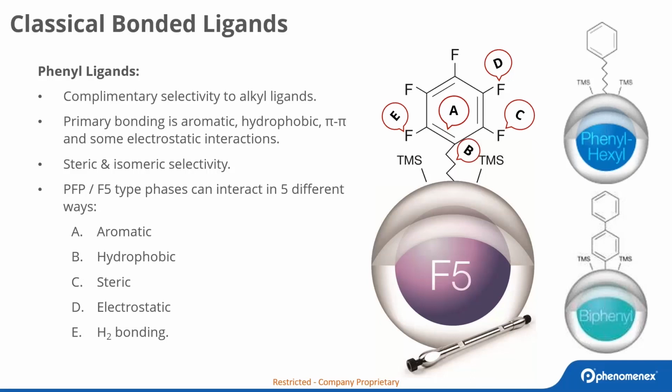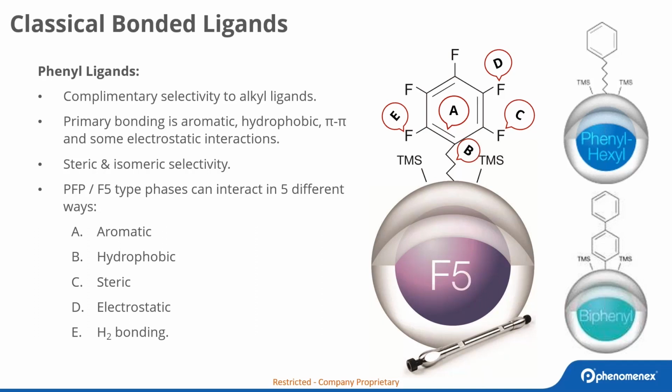So here we're talking about not alkyl, but phenyl ligands, right? So you have phenyl ligands as a complementary selectivity to alkyl ligands that were shown on the previous slide. Primarily, the bond is aromatic, hydrophobic, and some electrostatic interactions that these provide. Some of them also provide steric and isomeric selectivity.